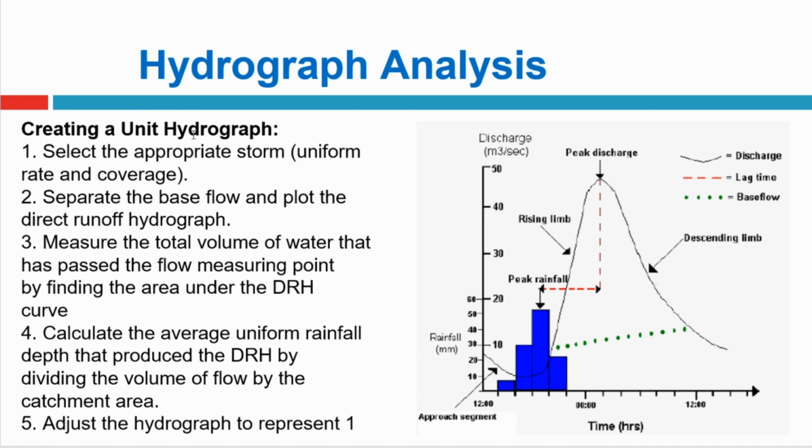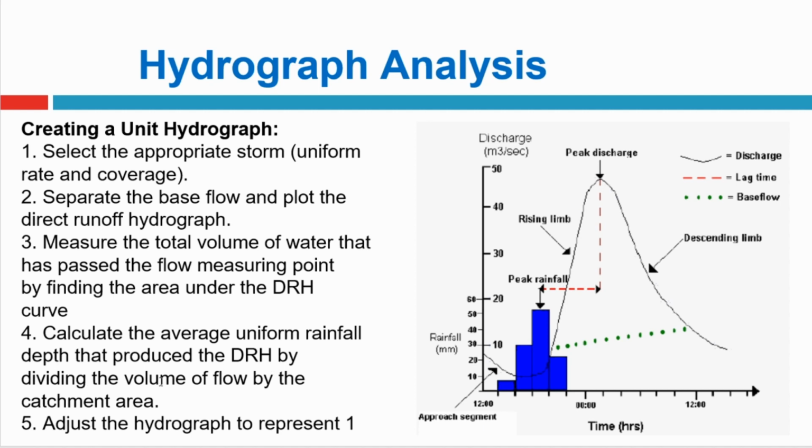So the same procedure has been explained here. Select the appropriate storm, uniform rate and coverage, separate the base flow and plot the direct runoff hydrograph, measure the total volume of water that has passed the flow measuring point by finding the area under the direct runoff hydrograph curve, and calculate the average uniform rainfall depth that produces the DRH.